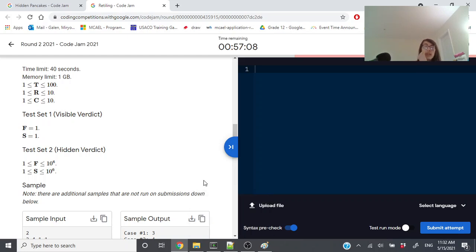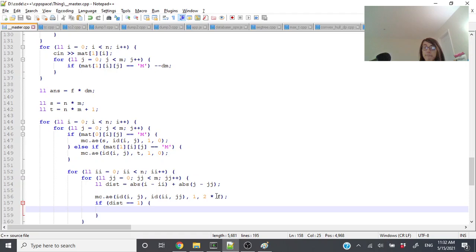what were the edges I was going to add? So to do two things, yeah, we can do that.